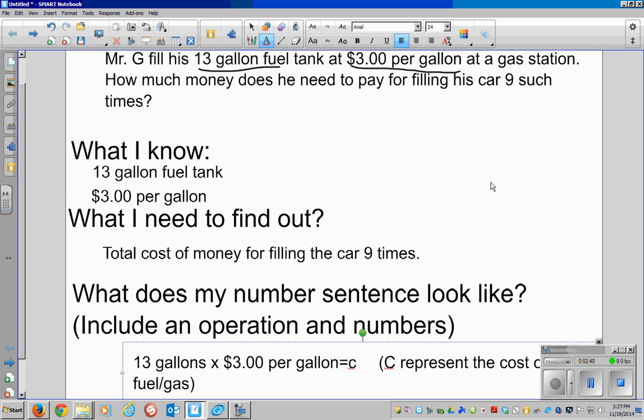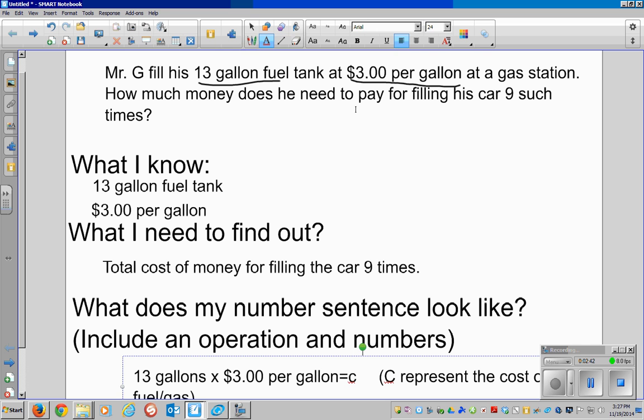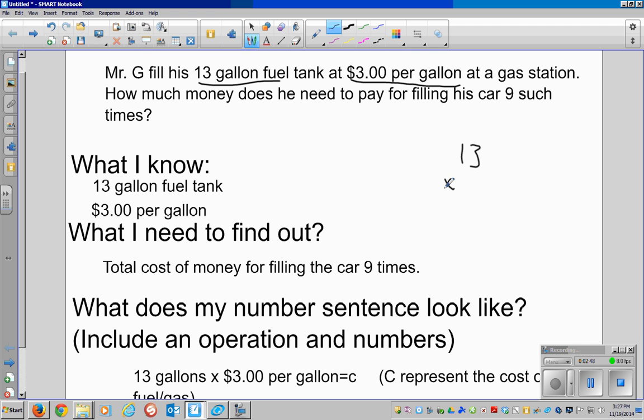So I'm going to do the math part here, and in order to do the math, I'm going to make this a little simpler. So I'm going to do 13 gallons times $3. And I'll remember that I took the two zeros off to help me multiply here. So 3 times 3 is 9, and 3 times 1 is 3.